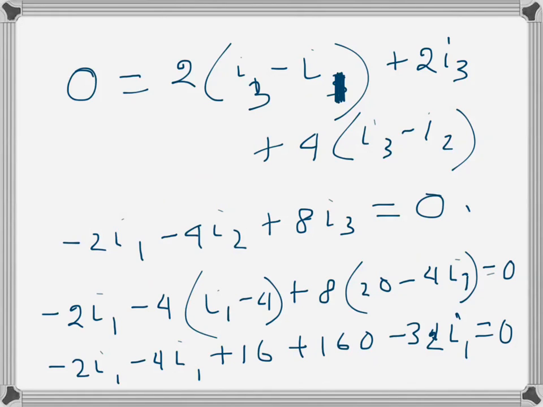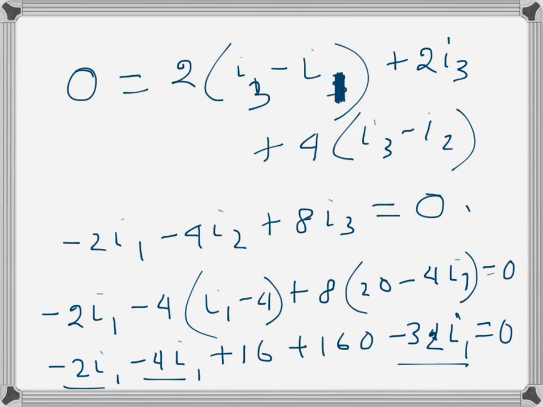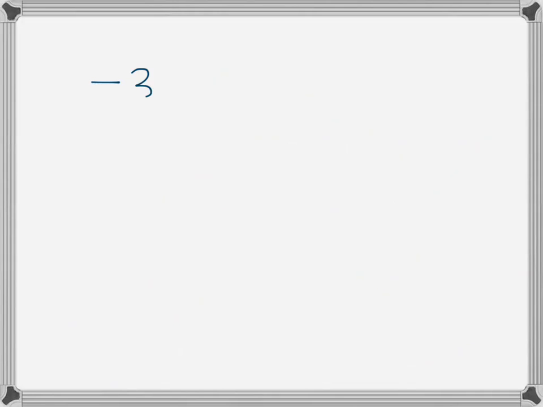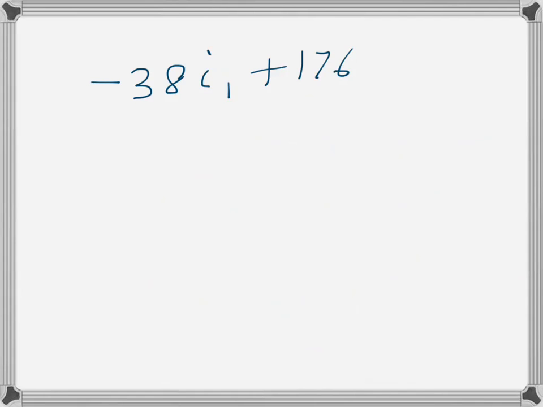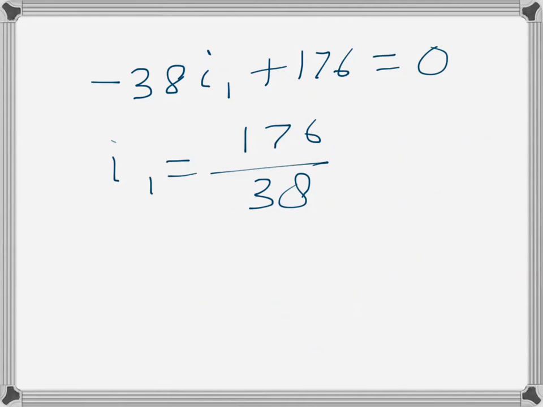If we add the I1s, 32, 4 and 2 all minus, that will be minus 38 I1 plus 176 is equal to 0. So I1 will be 176 over 38, which is 4.63 amps.